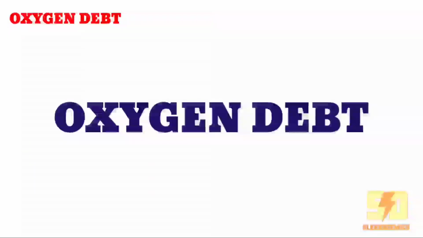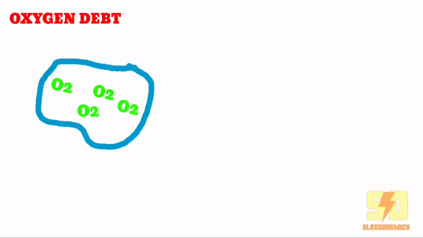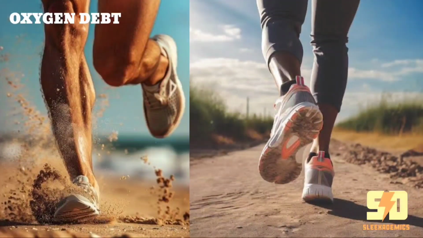Now, how does oxygen debt occur in the body cells? When the cells are using up a lot of oxygen very quickly, especially during vigorous exercise, the muscles, such as the muscles of the leg, use up a lot of energy.